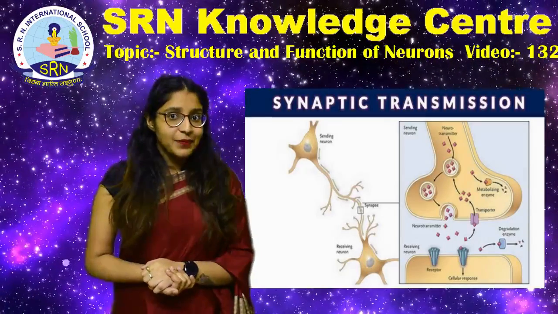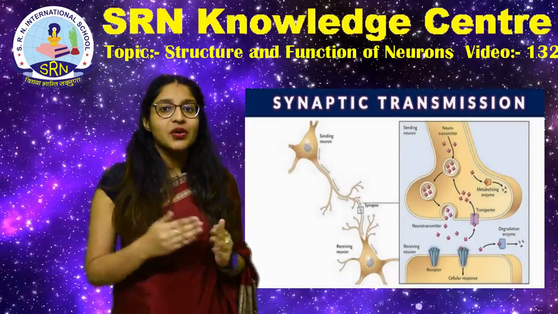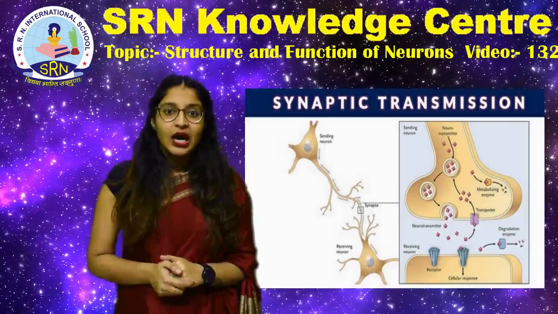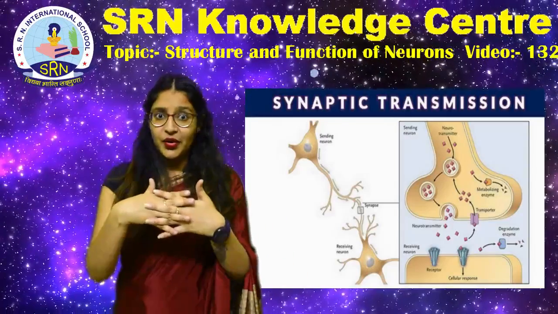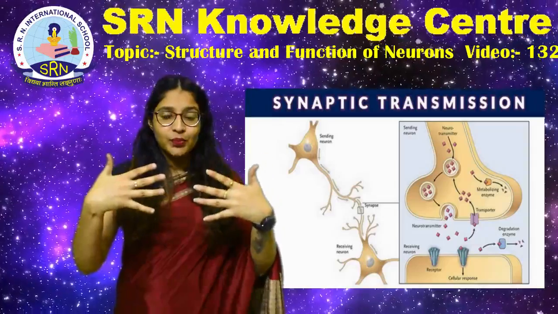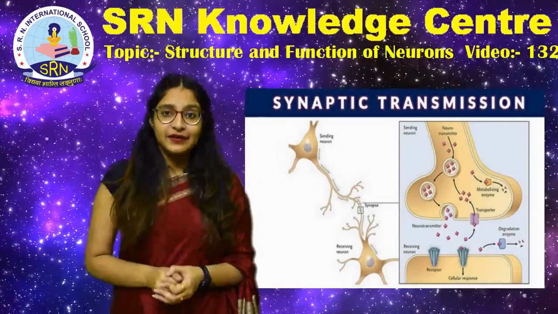The axon tip of a preceding neuron makes functional connections, or synapses, with dendrites of the other neuron. A neuron is never physically connected with another neuron. Rather, there is always a small gap between the two. This particular gap is known as the synaptic cleft.